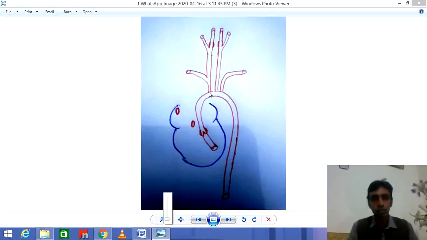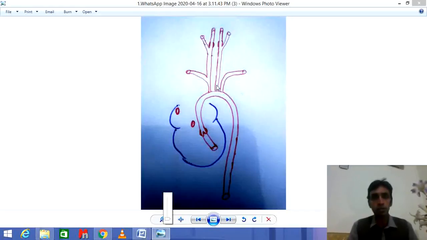Now coming towards this one, from the aortic arch, this is the brachiocephalic artery. The brachiocephalic artery further gave the right brachial artery and common carotid artery. Further, it gave the internal carotid artery and external carotid artery.